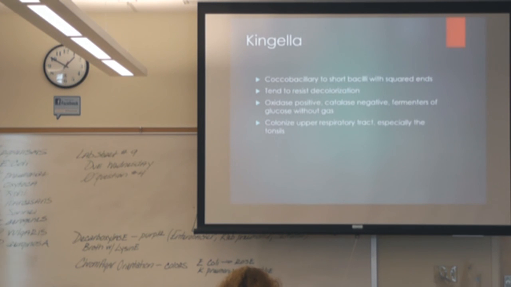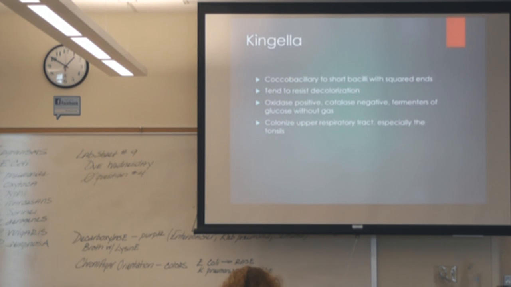Legionella, squared ends when you look at the morphology for this one, and they tend to resist decolorization. So that could be a problem when you're trying to grow it. Oxidase positive, catalase negative. It ferments glucose without gas, and it colonizes the upper respiratory tract, especially the tonsils.